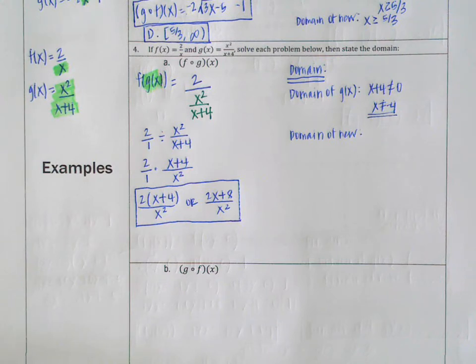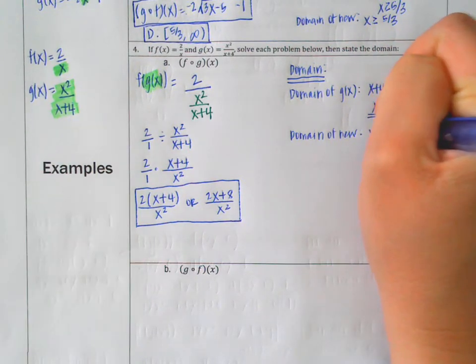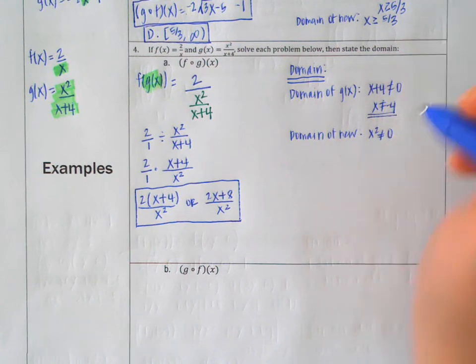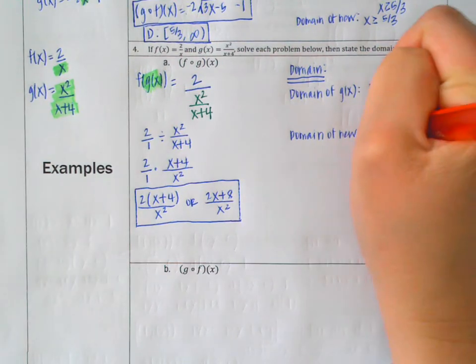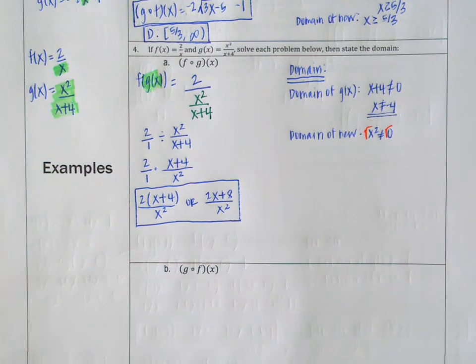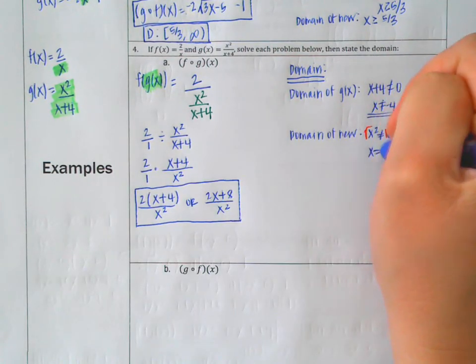And again, that one is rational because there's a variable in the denominator. So we're going to set the denominator, which is x squared. X squared can't be equal to 0. Okay, so then we would just square root both sides of the equation, or non-equation. And so that would be x can't be equal to 0.